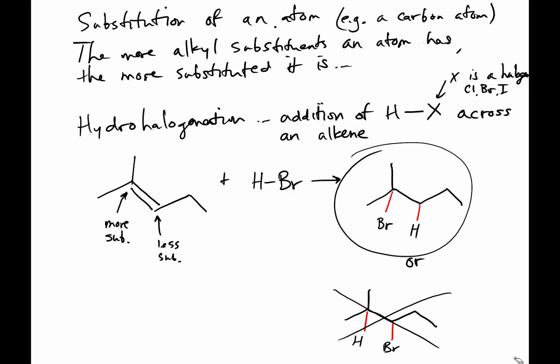And don't be surprised if you're looking at your homework problems and you see this written just like total bond line. You'll see it written like that, and you're like, well, they look a little different.